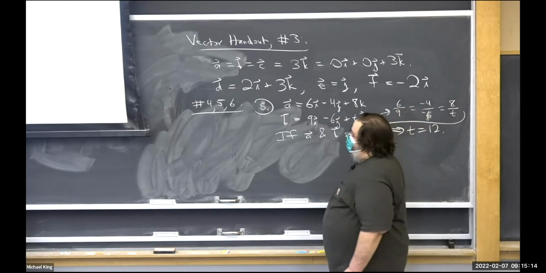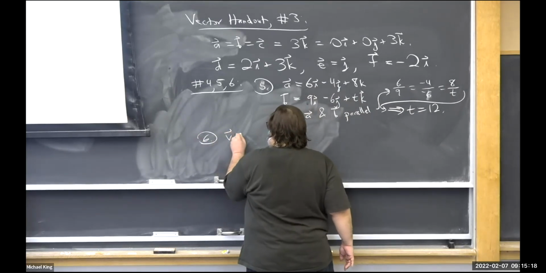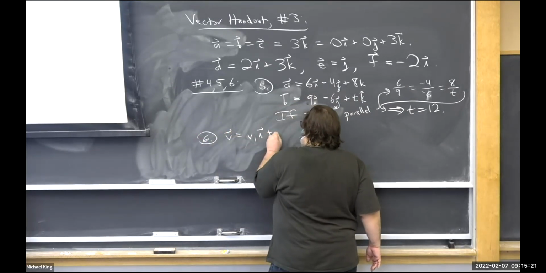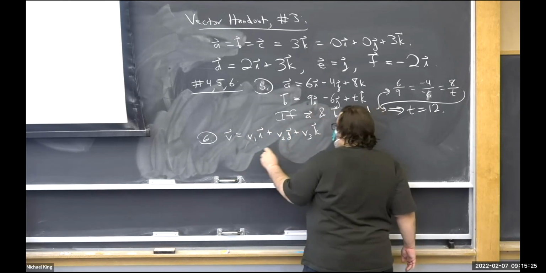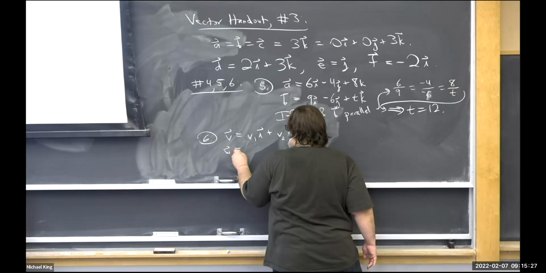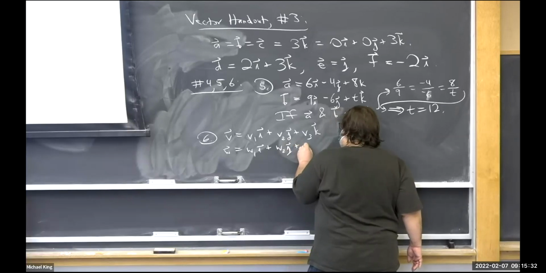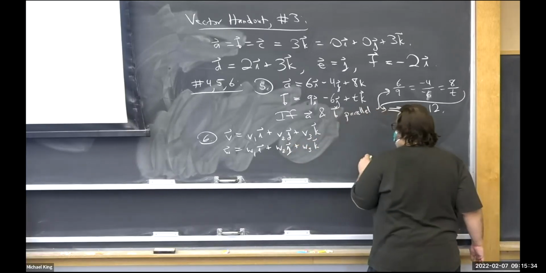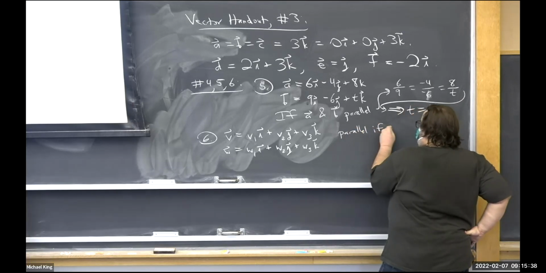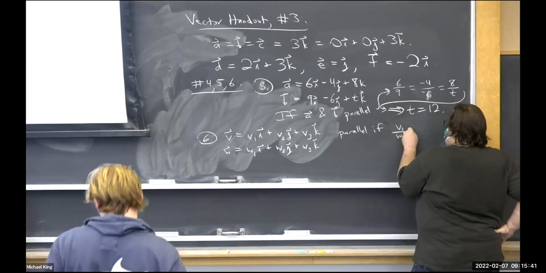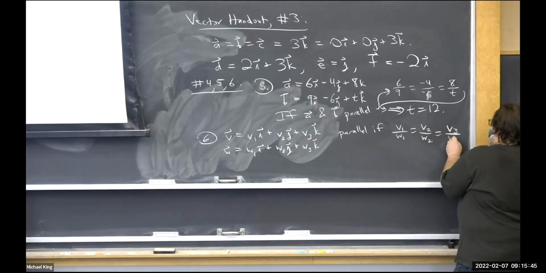That's a nice way to say it too. If we have V is V1i plus V2j plus V3k, and W, then I can say what you were saying: they're parallel if V1/W1 equals V2/W2 equals V3/W3.